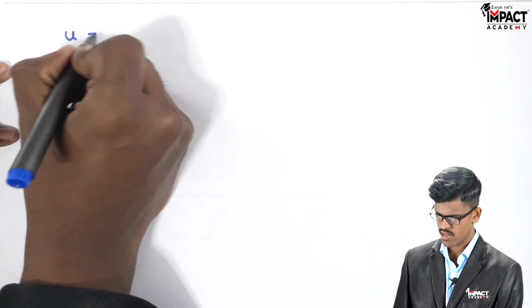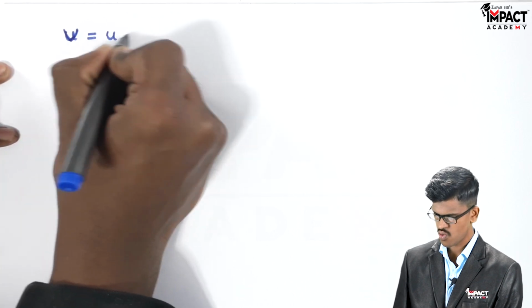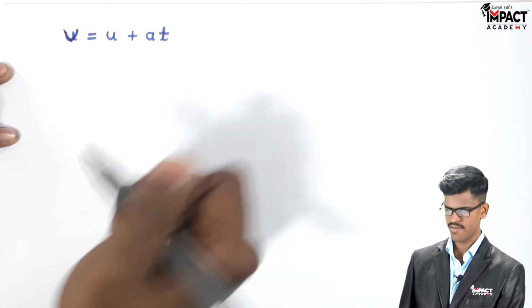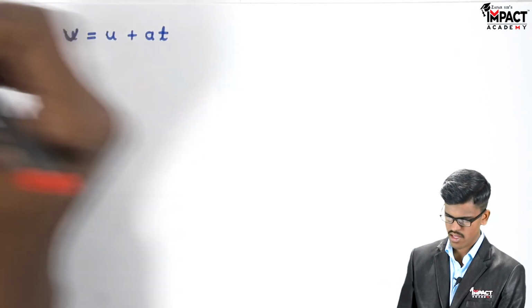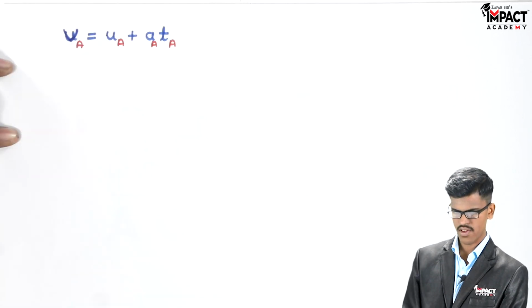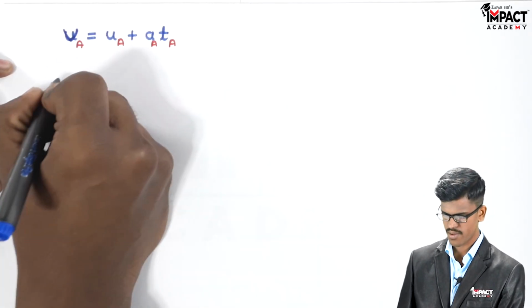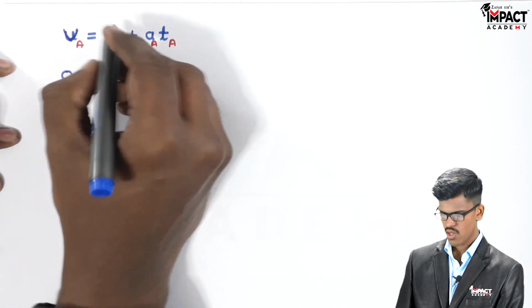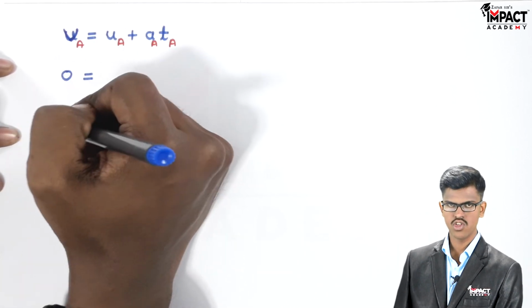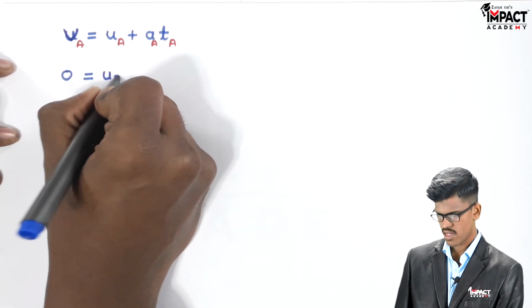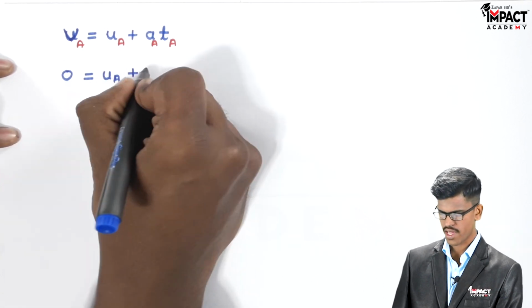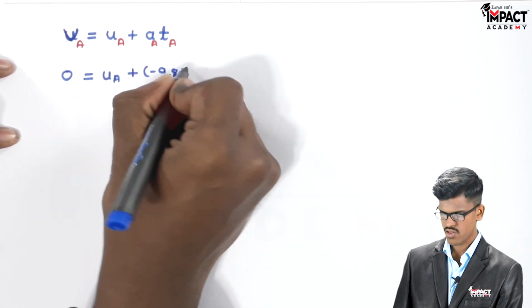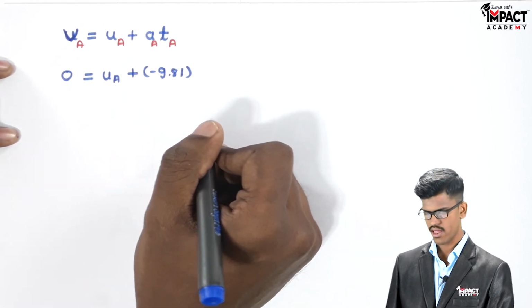The third equation is v is equal to u plus at. We know the final velocity of stone A, that is 0 meter per second. We have to calculate the initial velocity of stone A. We know the acceleration of stone A, which is against gravity, so we take minus 9.81.